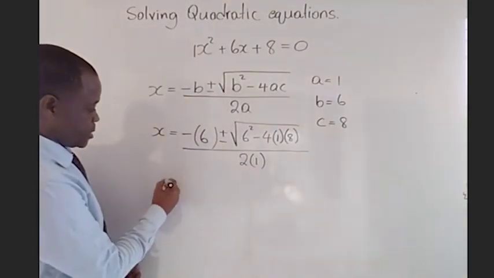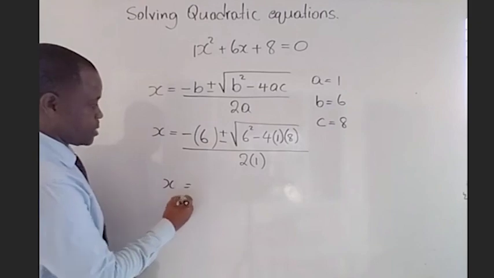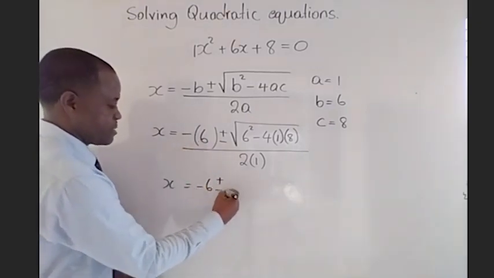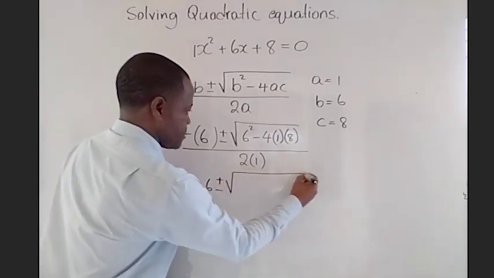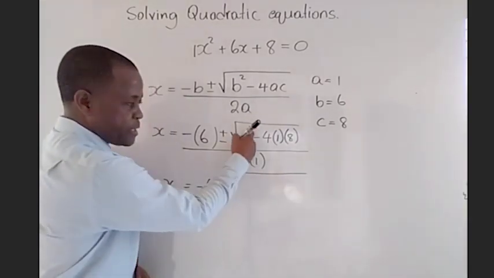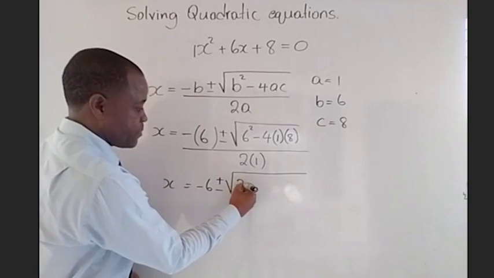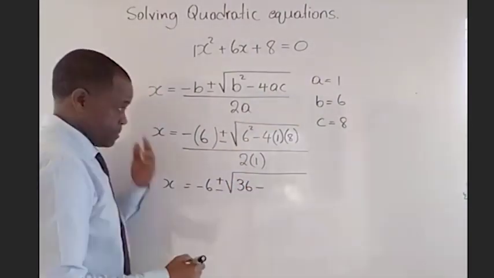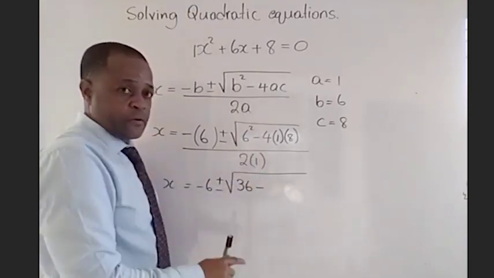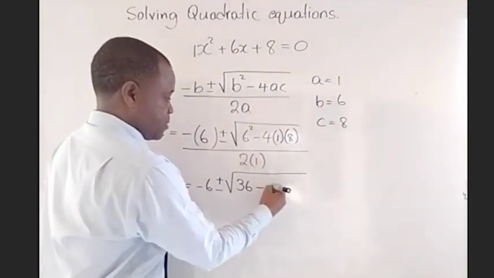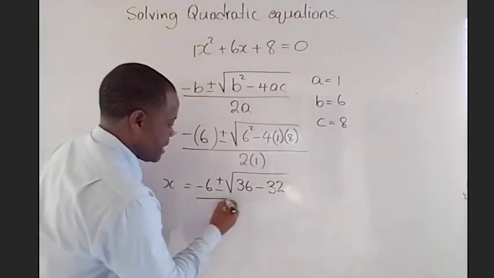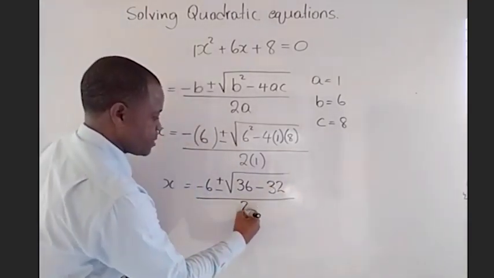Going down here now, it becomes x equal to negative 6, plus or minus, when I square 6, I'm going to get 36 minus, now 4 ones will give me 4, 4 eighths will end up giving me 32, and that is all over 2.